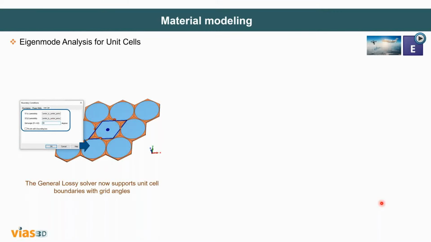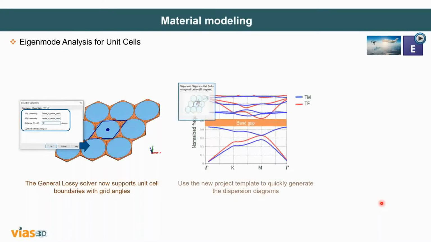In addition, there is a new project template for this case where the phase parameters are set up to sweep over the irreducible Brillouin zone. This allows the construction of a dispersion diagram containing the TE and TM modes. This was a long-wished feature in a frequency domain solver. Now, with the phase sweep of the parameter, we can get the Brillouin zone and the electronic band gap, and for both TE and TM modes we can quickly generate the dispersion diagram.